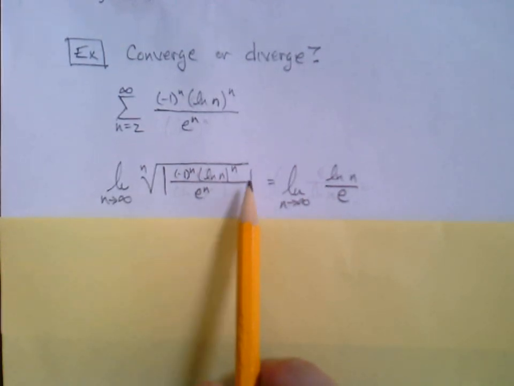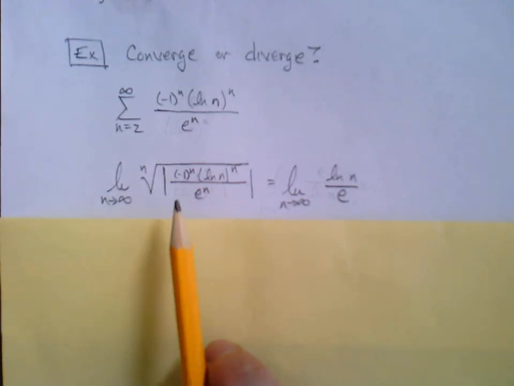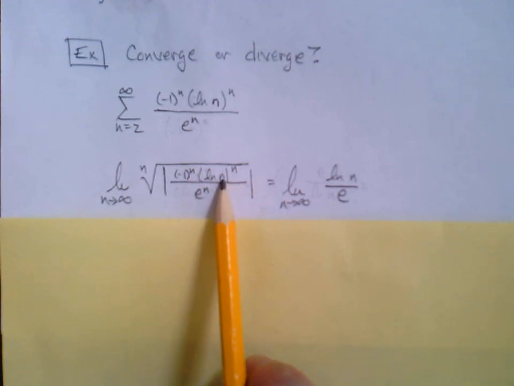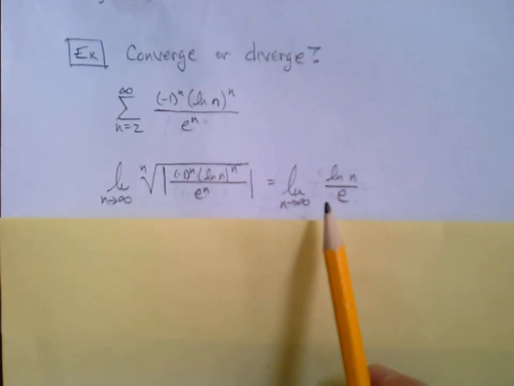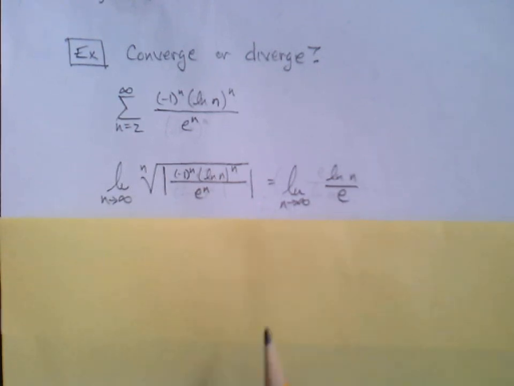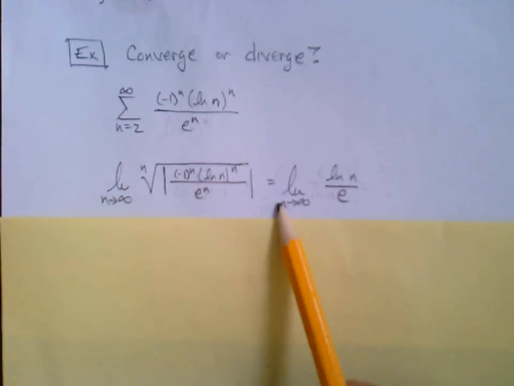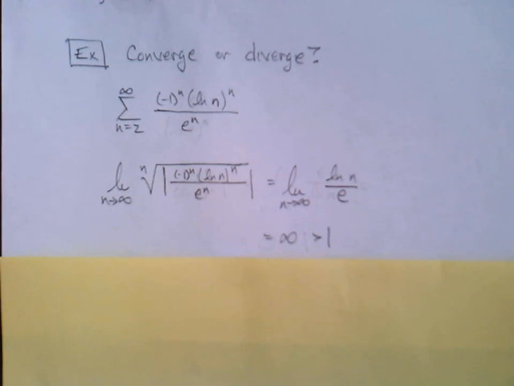The absolute value will get rid of the negative 1 to the n completely, and then the nth root takes care of the remaining n powers. And so all we're left with is the limit as n approaches infinity of natural log of n over e. Now that that power is gone on e, as n goes to infinity, this limit goes to infinity.